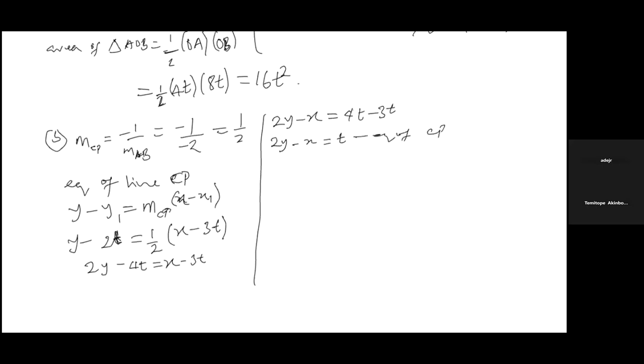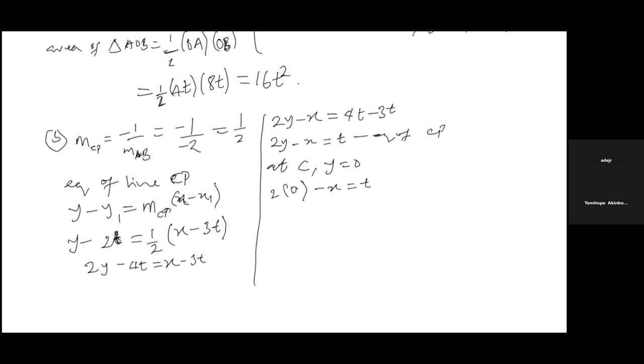Now, to determine the coordinate of C, you see that at point C, y is 0. So you substitute 0 for y in order to determine the x coordinate. So at C, y equals 0. That means 2 into 0 minus x equals t. 2 times 0 is 0, so you have minus x equals t.